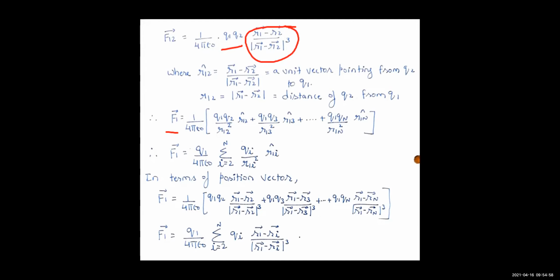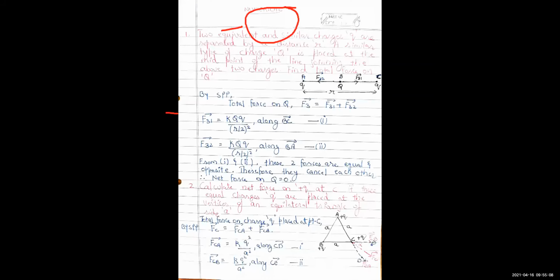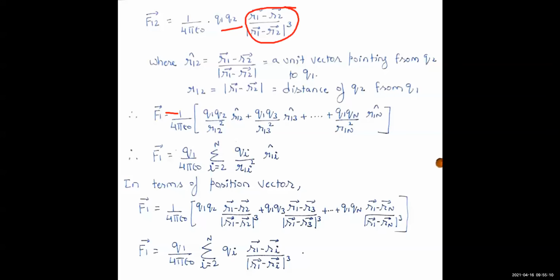When it is a vector, a cube comes below, and when it is a unit vector, a square comes below. So this is your superposition principle, with which you can find the force acting on a point charge due to a number of charges, due to a system of charges.